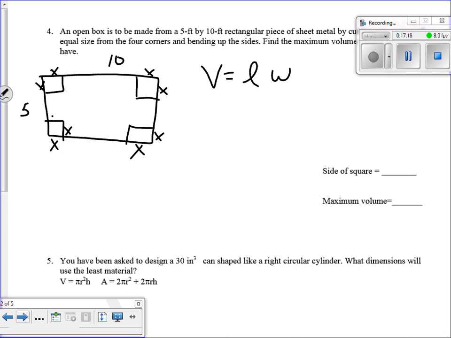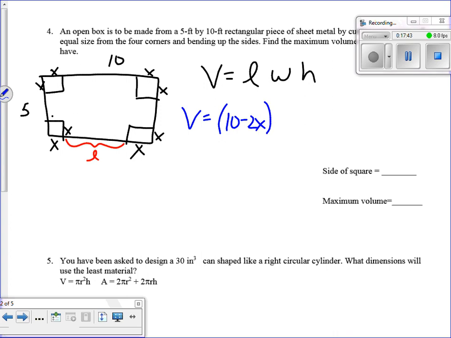So length times width times height. Right? Now let's say I call this dimension the length. That would equal the whole thing, which was 10, minus 2x, because you cut an x out of each side. So the length would be 10 minus 2x.